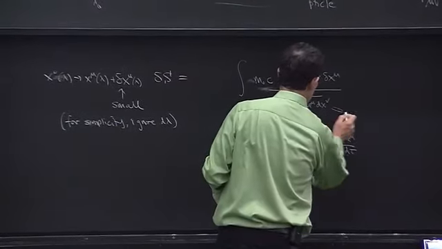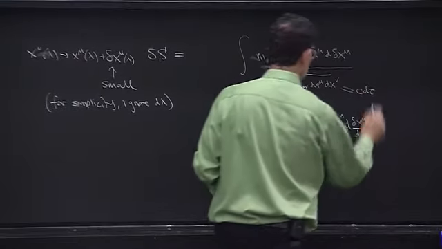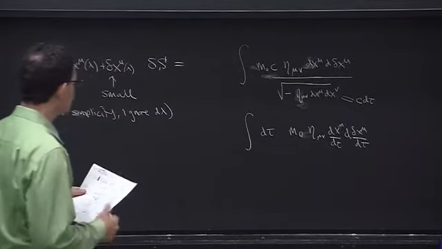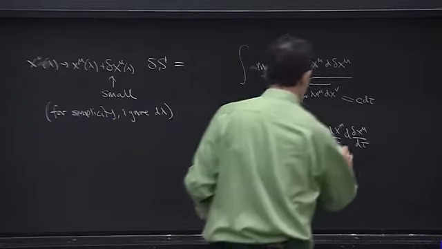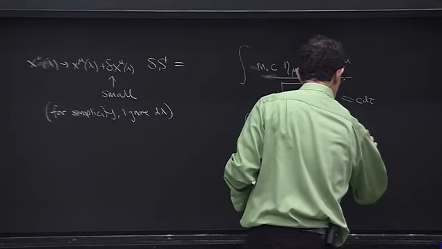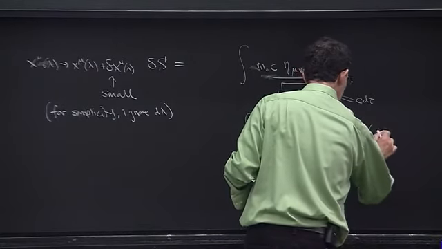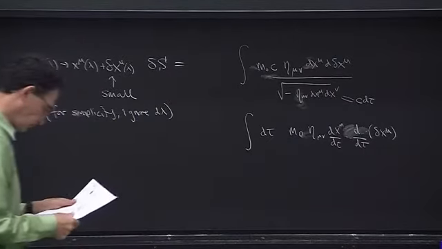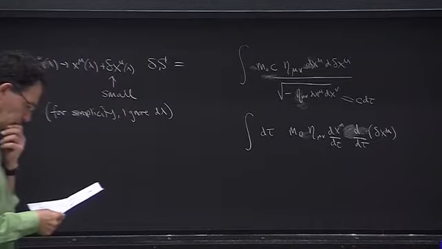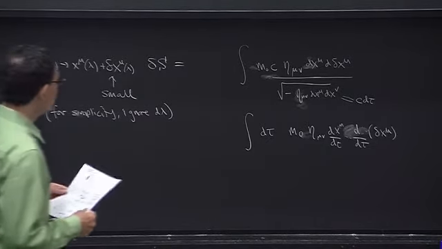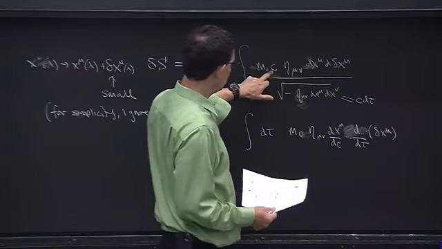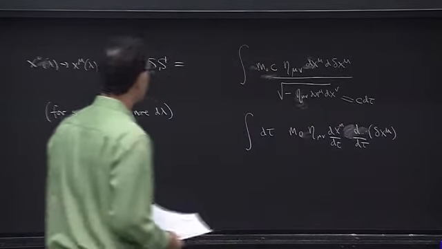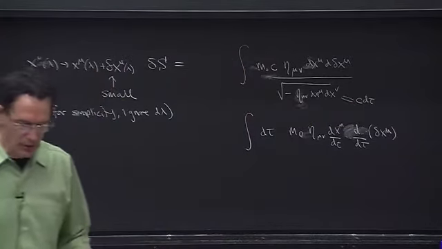The square root here is c d tau. Let's try and write this as d by d tau of delta x mu. The c's cancelled. There was a c here. Yeah, I'm being careful with the c's for special relativity.